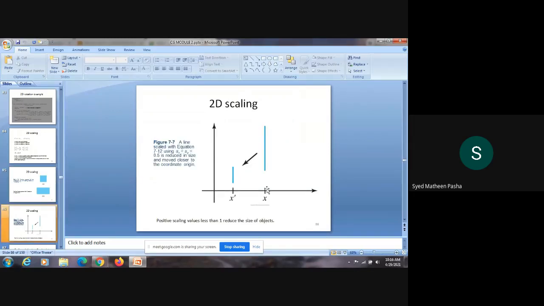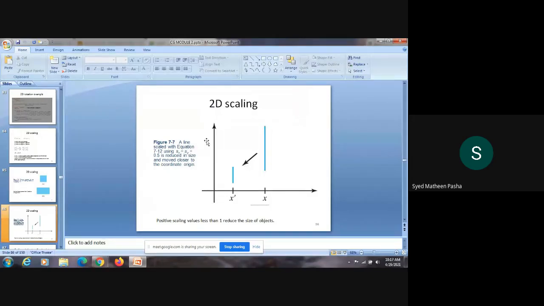Then we saw another example where a line is scaled with equations, and Sx as well as Sy is lesser than 1. What we need to do is reduce the size of the object. Suppose this is the object, a line which is bigger in its size.